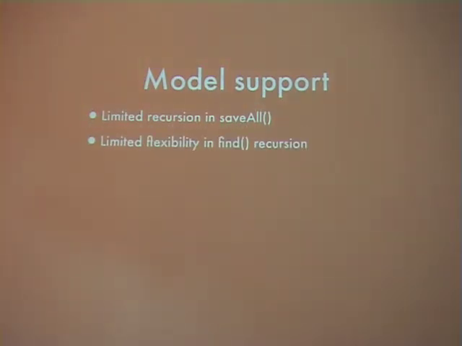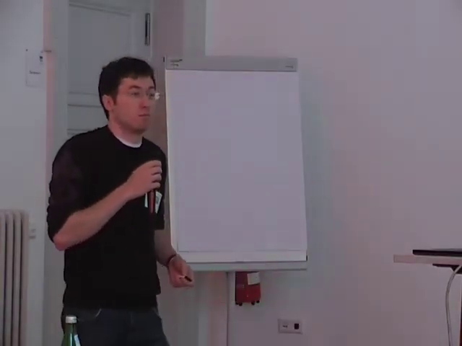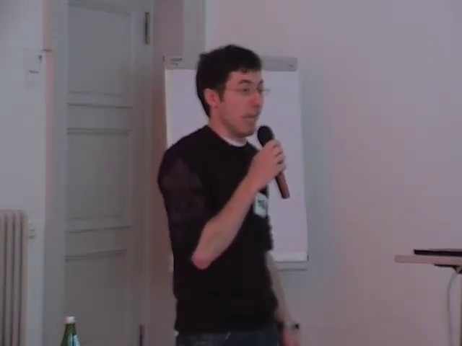Again, limited flexibility and fine recursion. This is taken care of to an extent with containable, but for example, things that could be left joined aren't, because I tried to do it and it involves basically re-architecting DBO source yet again, which I would rather not do.